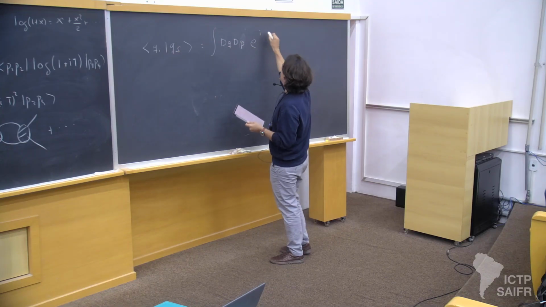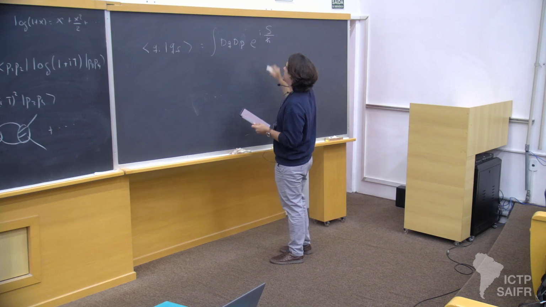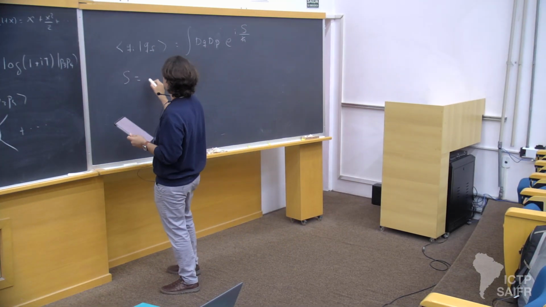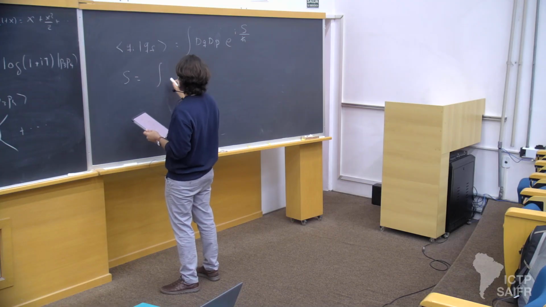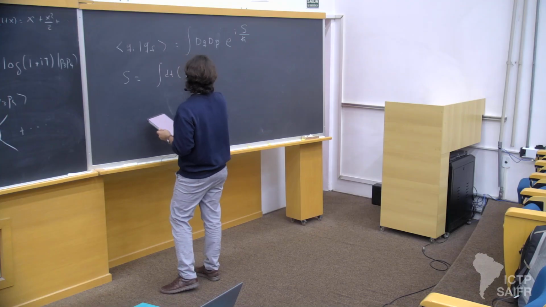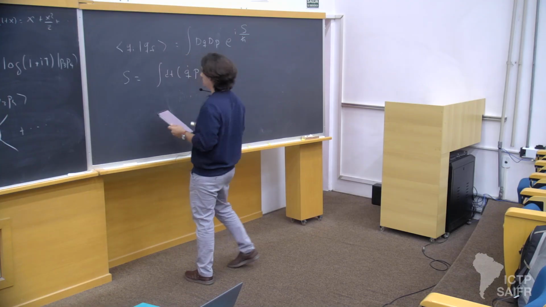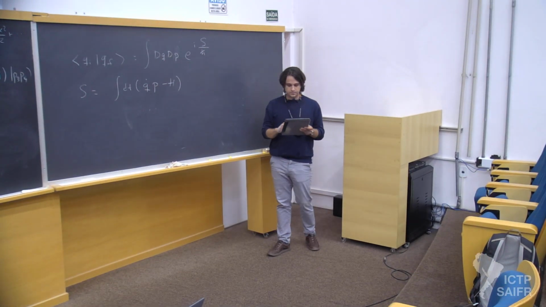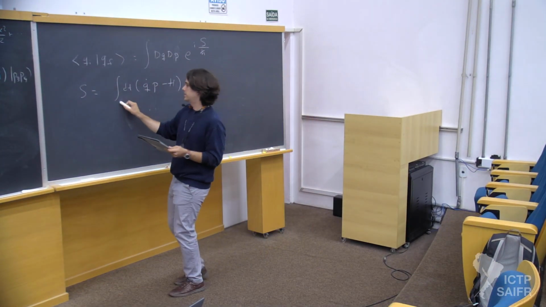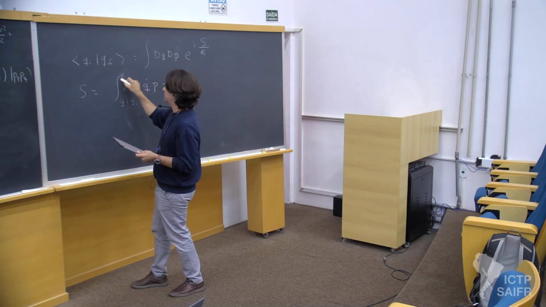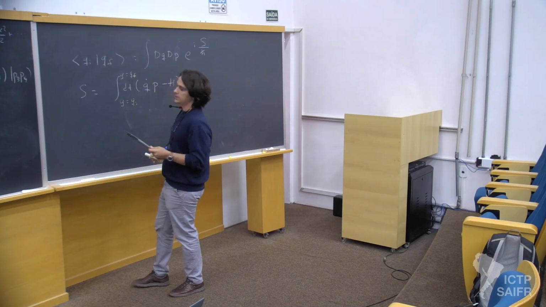Of e to the I, some classical action, where this is just the usual thing: Q dot P minus H, where H is the Hamiltonian, with Q equals QI and Q equals QF as boundary conditions.